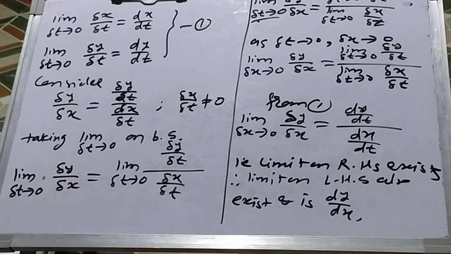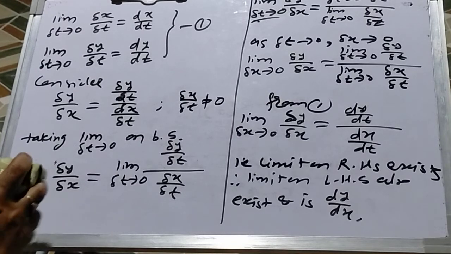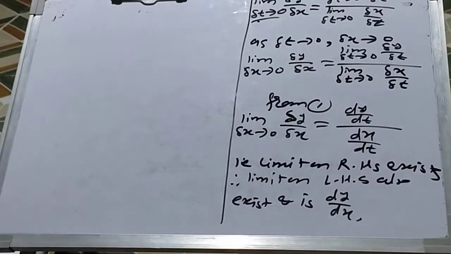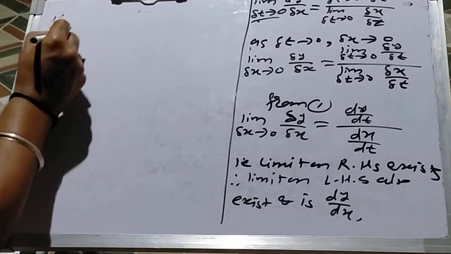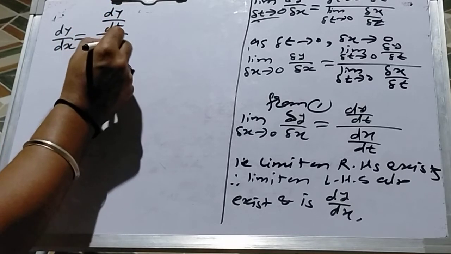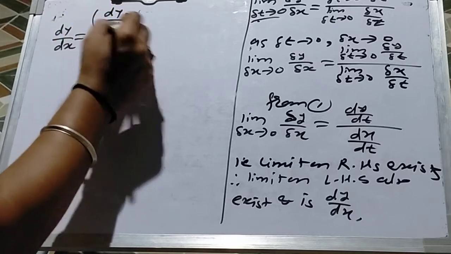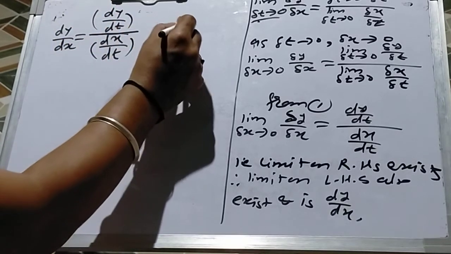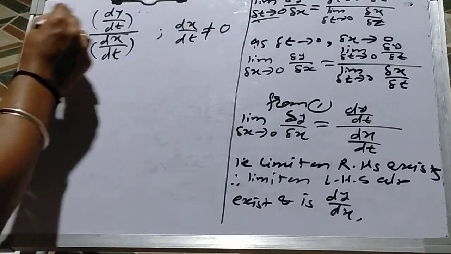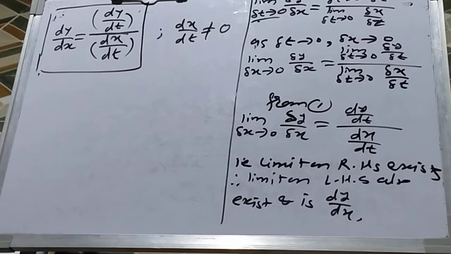Therefore dy by dx equals dy by dt divided by dx by dt, where dx by dt is not equal to 0, and this is the theorem for the derivative of a parametric function. Here t is the parameter.